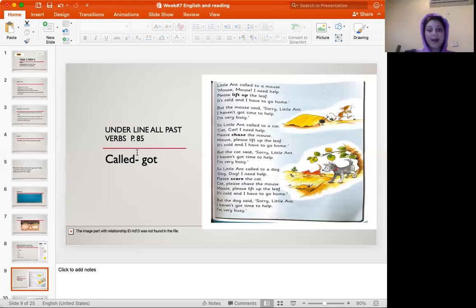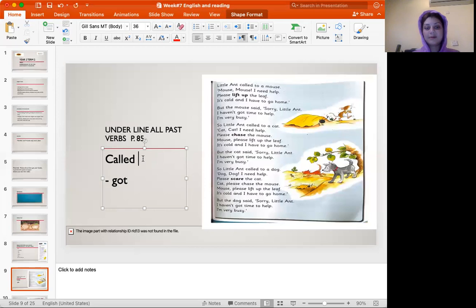Okay, let's go back to the irregular verbs. Called, is it regular or an irregular verb?